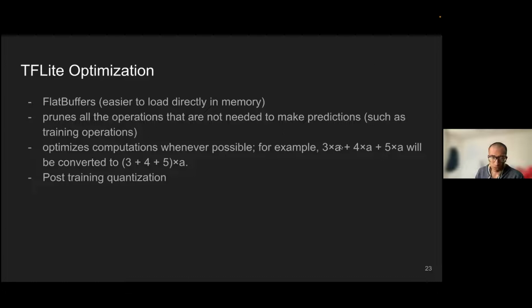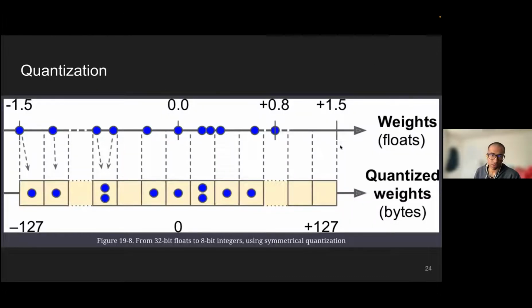So what exactly is post-training quantization? The basic idea is, when we train our model, we might be training our model with like 32-bit precision, but maybe when we are doing inference, do we really need that level of precision? Can we map from 32-bit floats to 16-bit floats or even to int 8?